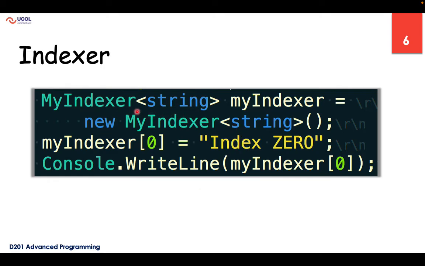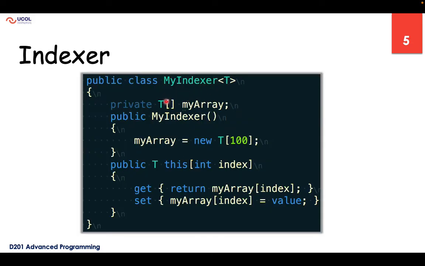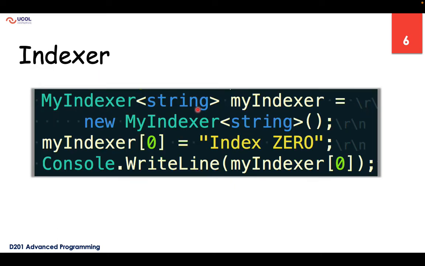We are trying to create an array of strings, MyIndexer of string, because when you say string, all these T values will be replaced with string. It means that this array will be of string type. So we say myIndexer[0] is equal to index 0, and then we print it on the console, and it will print index 0. That's what is going to happen here.